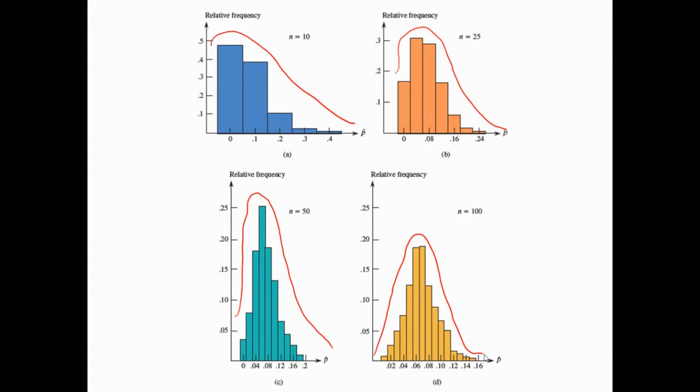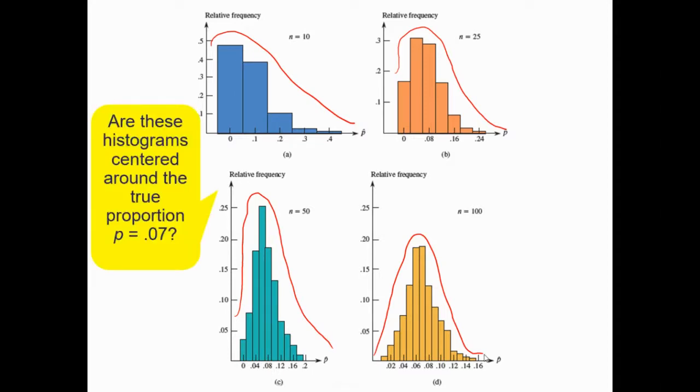Okay, now let's actually go back and talk about the means. So first ask, is the histogram centered around the true proportion? So are we centered around 0.07? Remember, our mean is our average, our balance point.